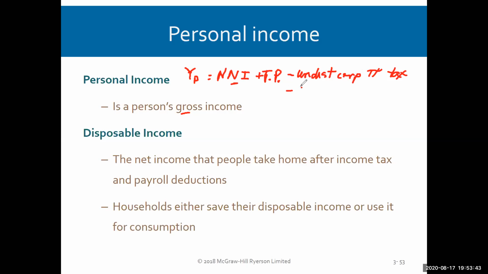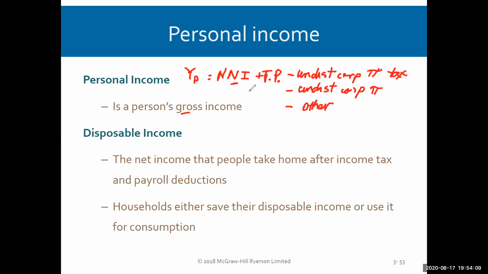So then we also have to subtract undistributed corporate profit. For the same reason, it doesn't get given out to individuals. If it does get given out, it's included in their personal income. And then we just have other, an other category.